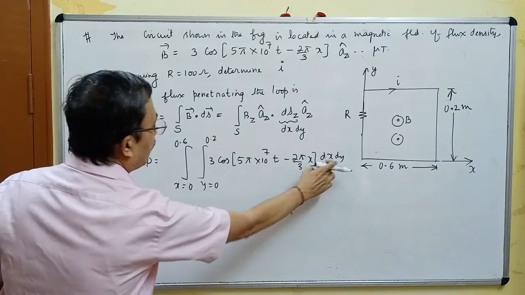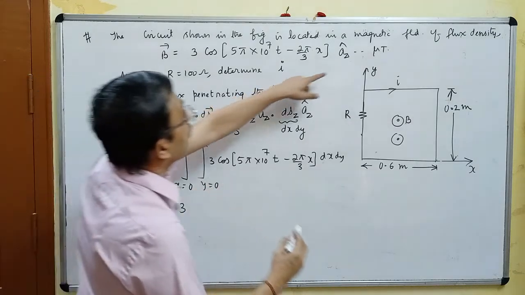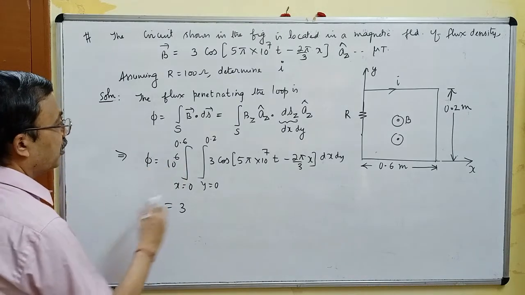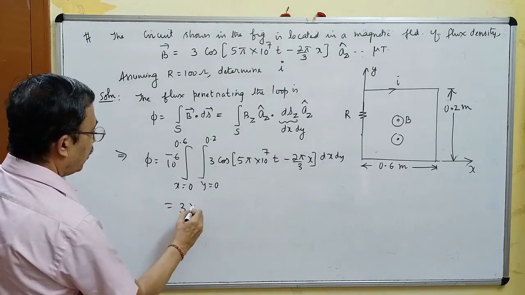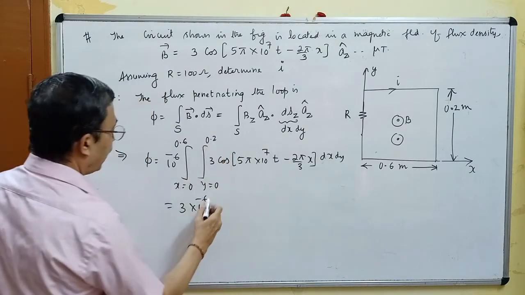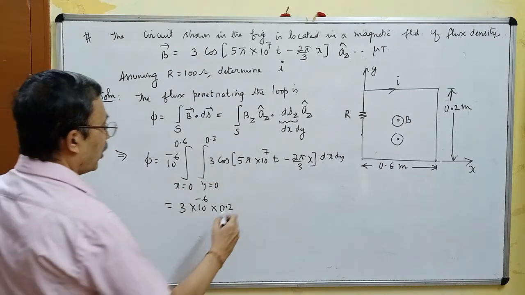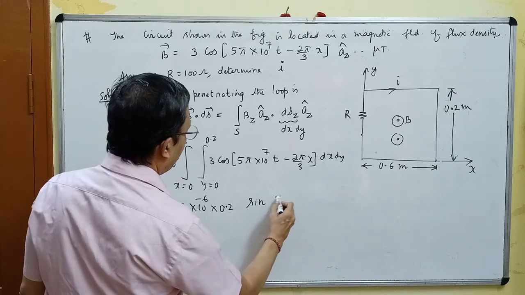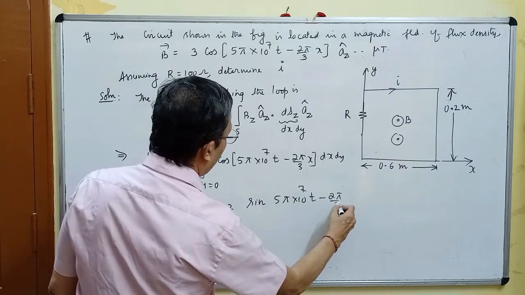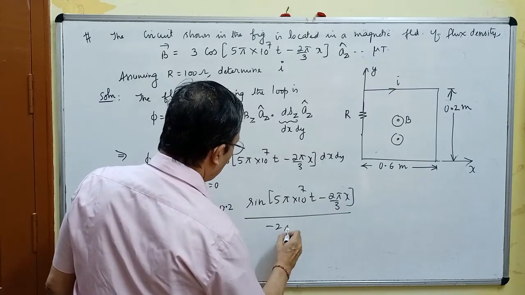So if you integrate, here 3 is a constant. This is micro Tesla, therefore the factor 10 to the power minus 6 I keep out here. So this 3 I will take out, 3 into 10 to the power minus 6. dy, if I integrate, I get y, put limits, I get 0.2. Next, you have to integrate with respect to x. Cos, if you integrate, you get sine (5 pi 10 to the power 7 into t minus 2 pi by 3 into x) divided by minus 2 pi by 3.